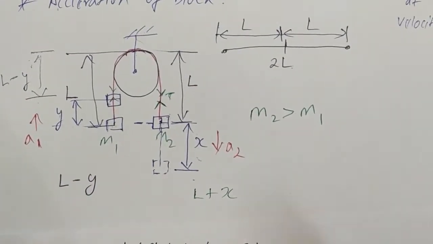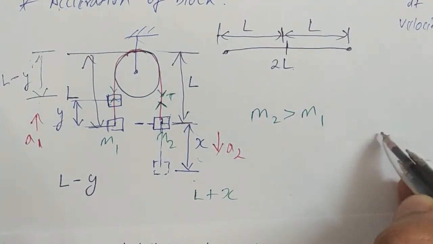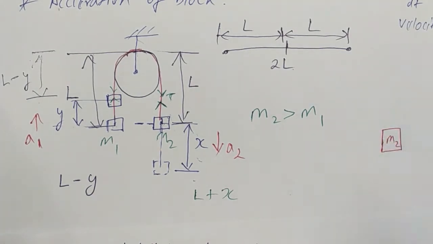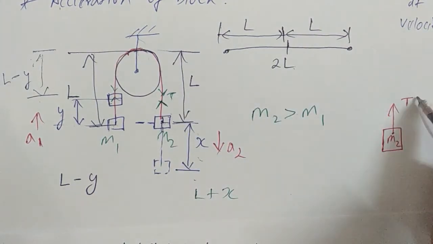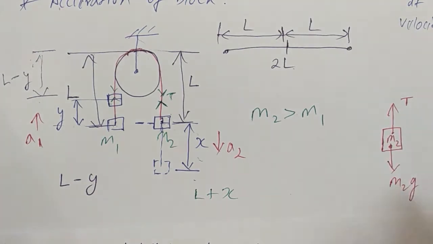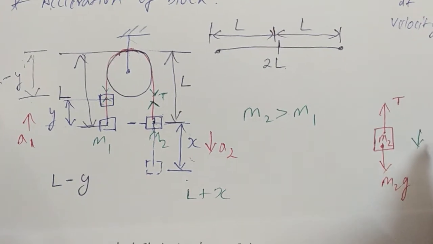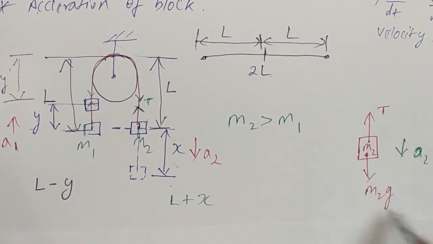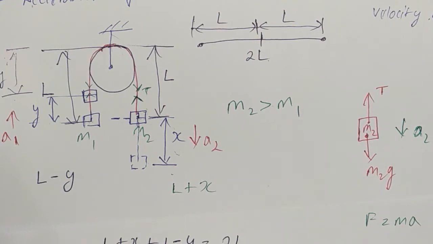Now in this situation, if you isolate this block and draw the free body diagram of block m2, then you need to consider all the external forces. One external force is the tension T, and another is its weight m2g, and the block is accelerating in the downward direction by a2. Then we can use the simple F equal to ma, Newton's law of motion.